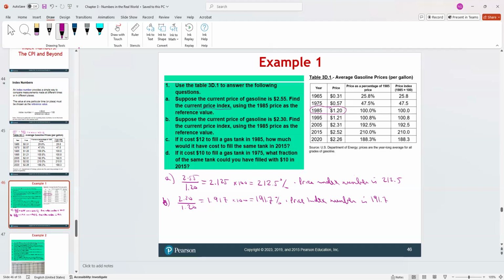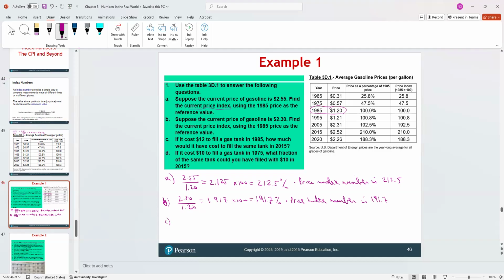2015, right? Because for C, they said if it costs $12 to fill a gas tank in 1985, how much would it cost to fill the same gas tank in 2015? So you see 2015 in these tables, right? So the price index in 2015, what is that? You need to find it first.